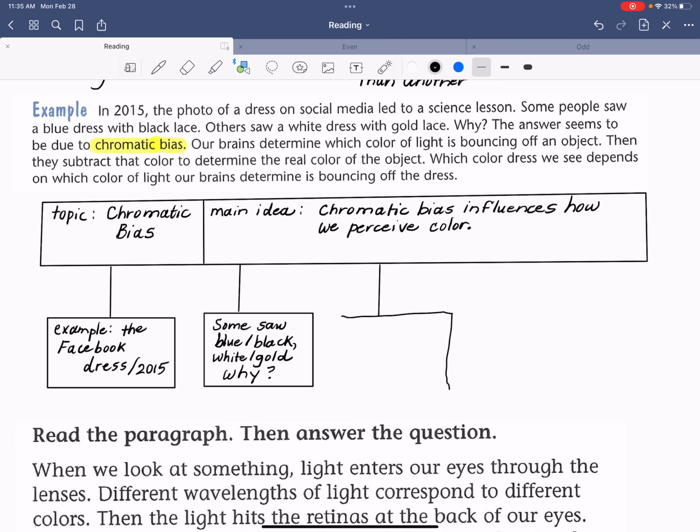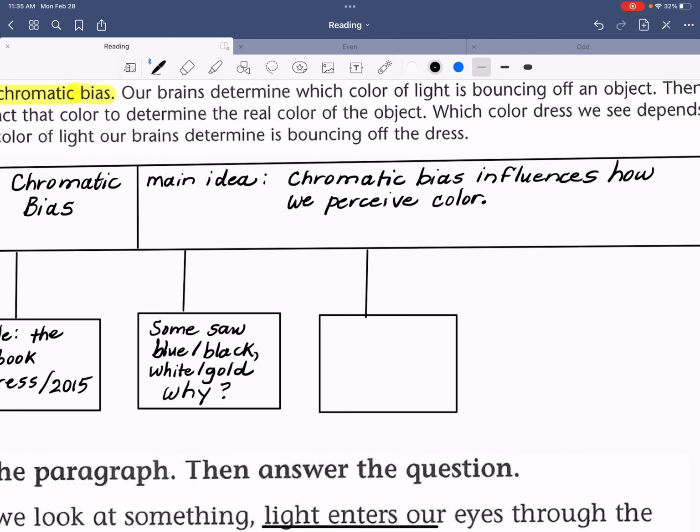We know that it has to do with seeing one color over another, but why? What is it that makes us see color? Well, let's say some colors of light bounce off an object.